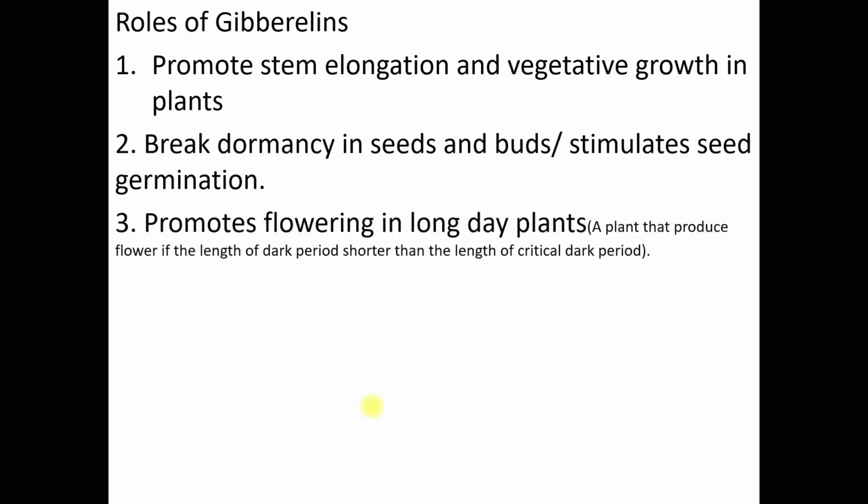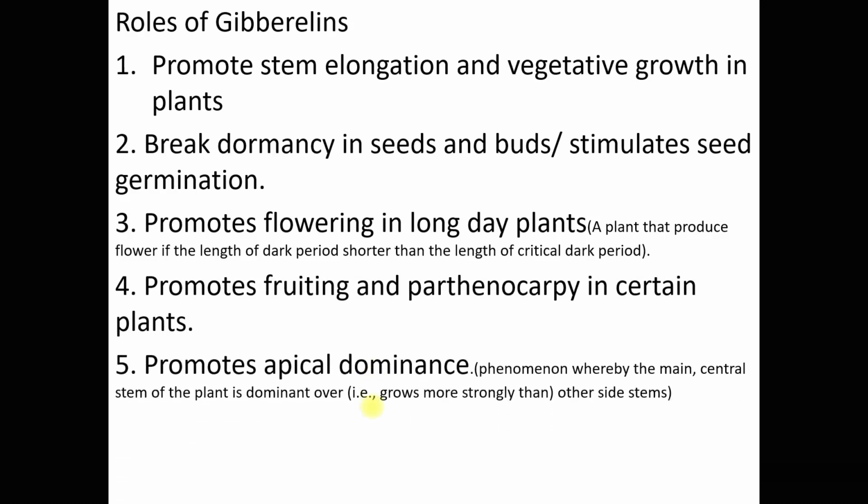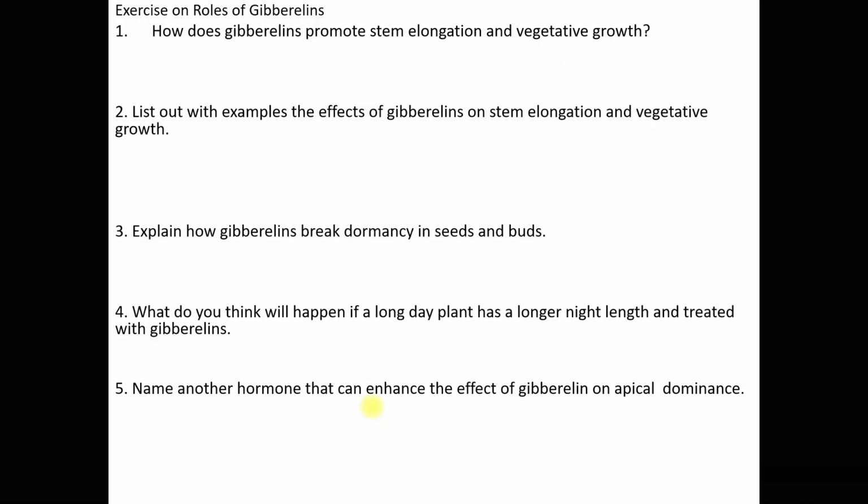It promotes flowering in long day plants, right? It promotes fruiting and parthenocarpy in certain plants. It promotes apical dominance. So gibberellins and auxin work together to promote apical dominance.